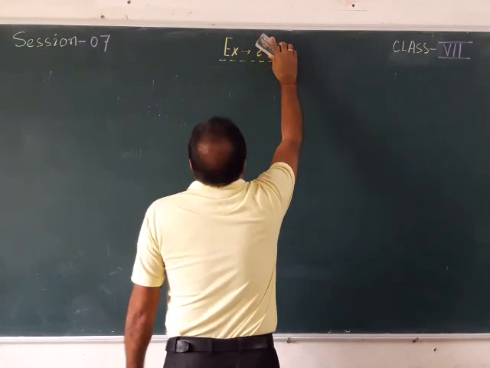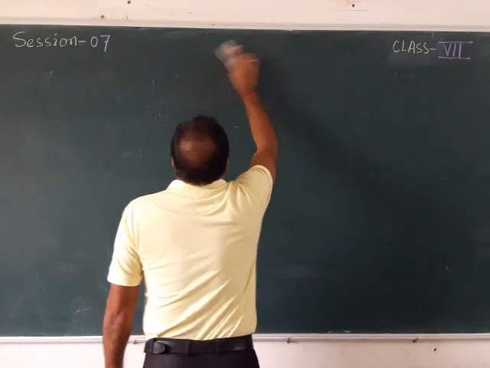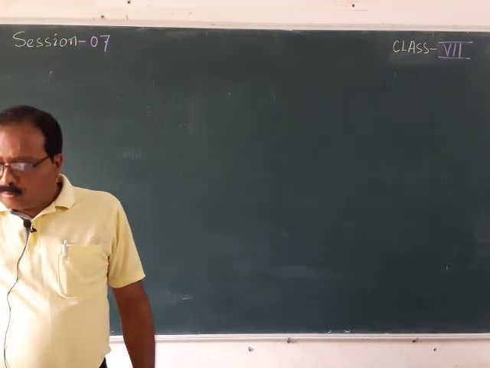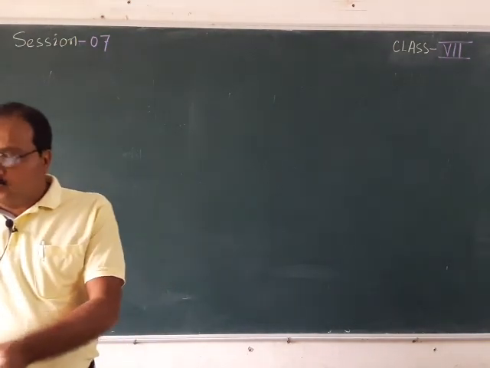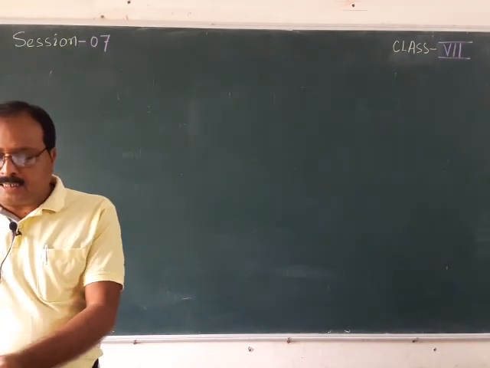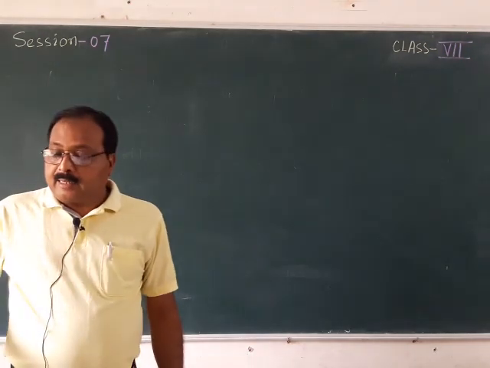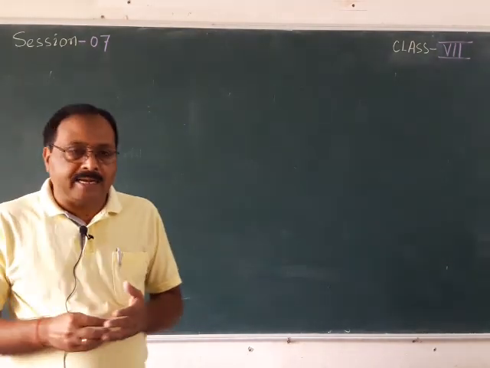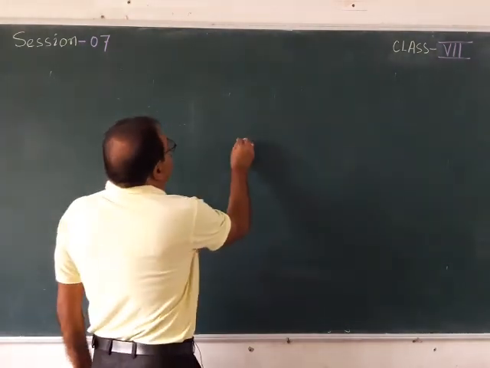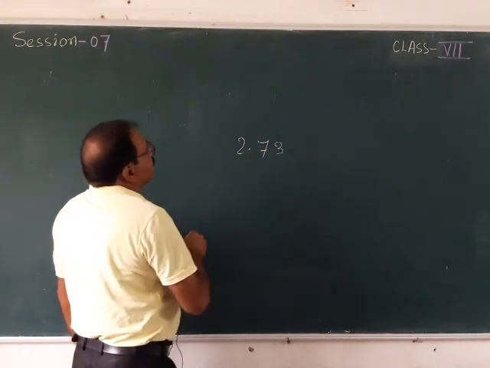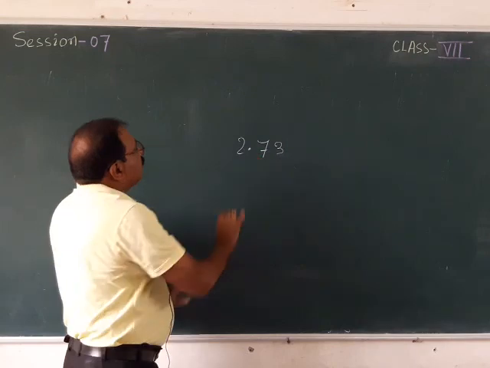Now, for decimals, what things are most important to understand? You are aware of decimals. A decimal number has 3 parts. Suppose I am writing 2.73. How many parts are there? There are 3 parts.